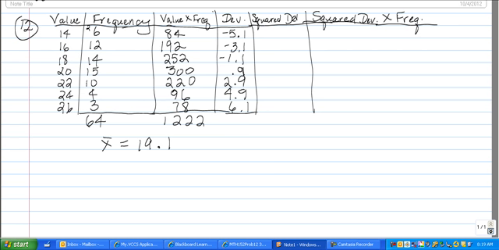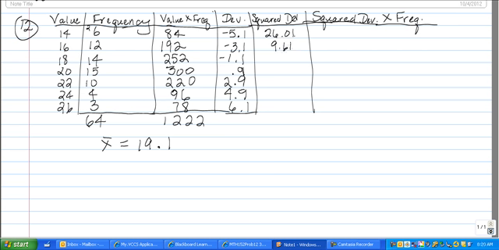So squared deviations, the negative 5.1, if we square that, we get 26.01. The negative 3.1 squared is going to give us 9.61.